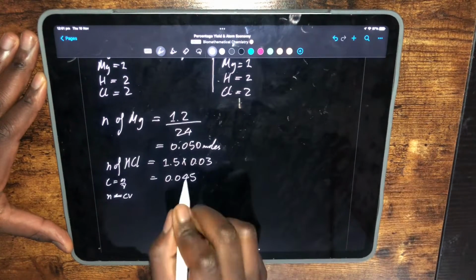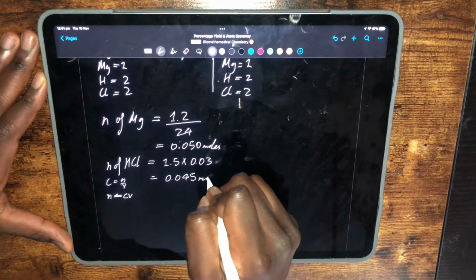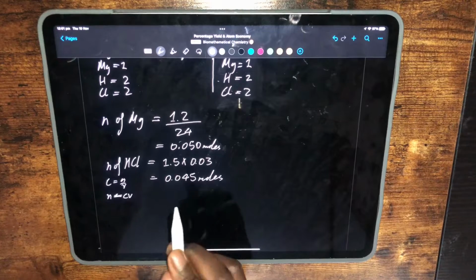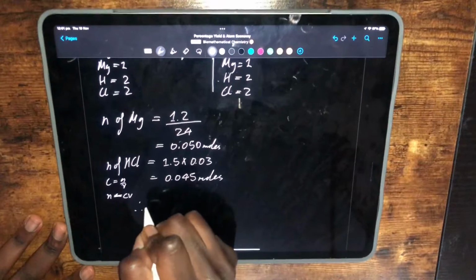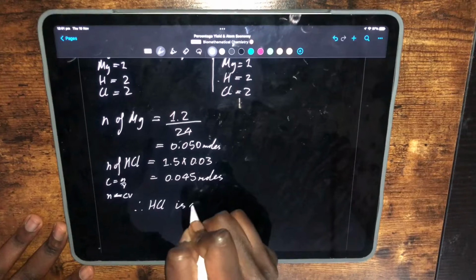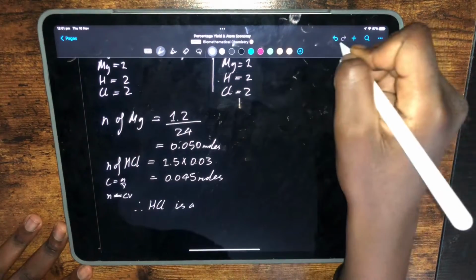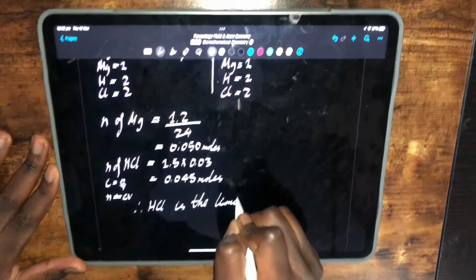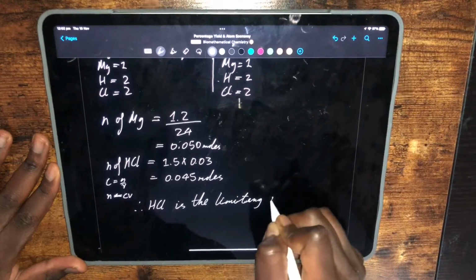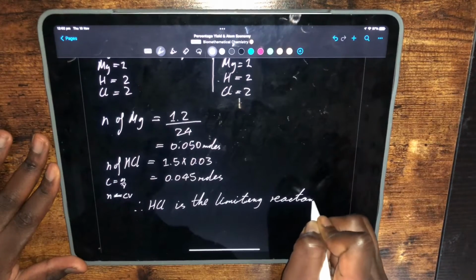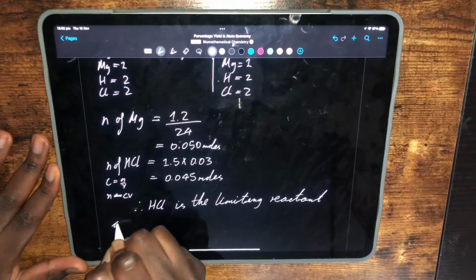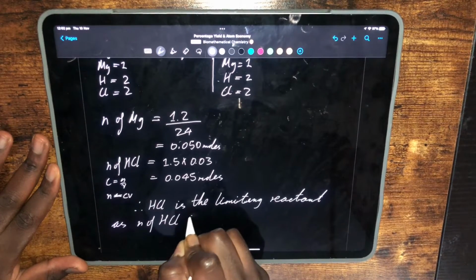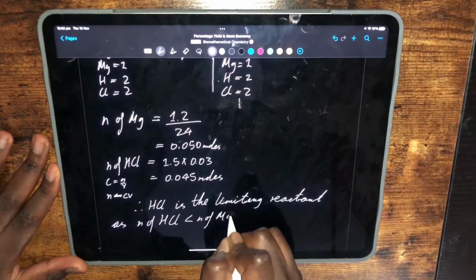Therefore, because there's less moles of HCl than Mg, HCl is our limiting reactant.